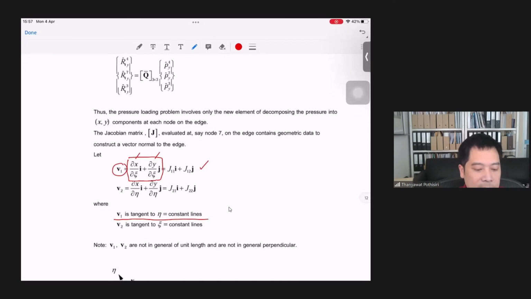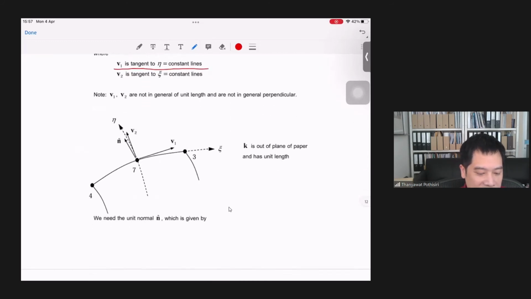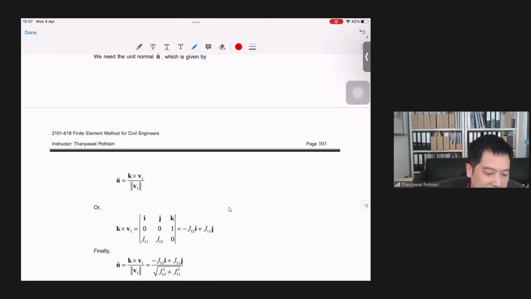Now the normal vector can be obtained from crossing K with V1. And if you convert this to a unit normal vector, because K is already a unit vector, you can just divide it by the magnitude of V1.